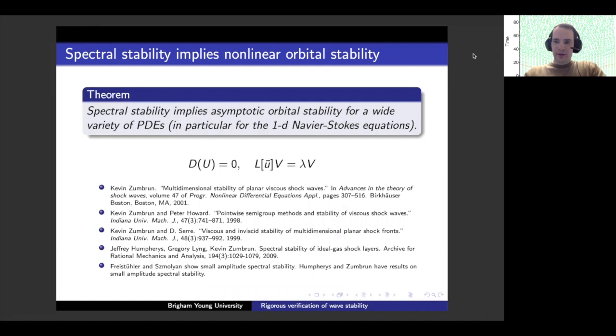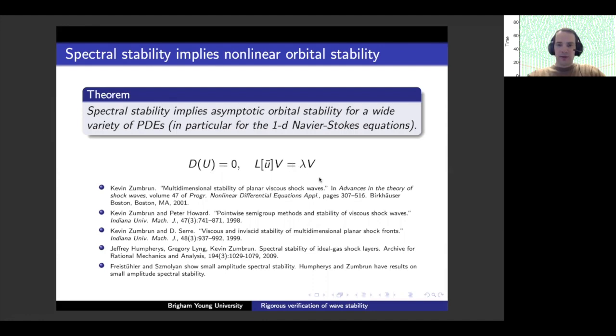Okay, so here's the theorem that I mentioned. Spectral stability implies asymptotic orbital stability for a wide variety of PDEs, and in particular for the one we're looking at. So if D is your PDE operator, and you're looking for a stationary solution of it, given by the traveling wave, then you linearize about that traveling wave, and it gives rise to a PDE eigenvalue problem, so a linear PDE problem.